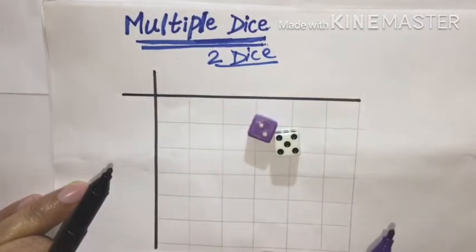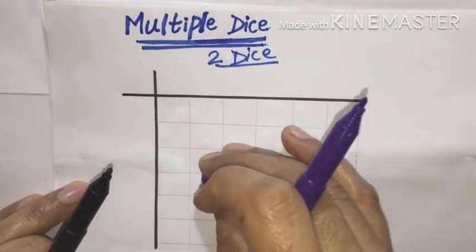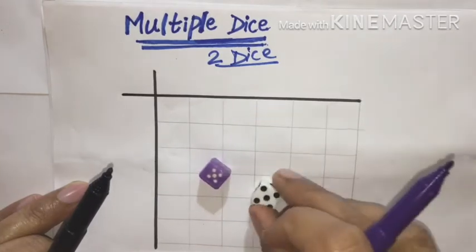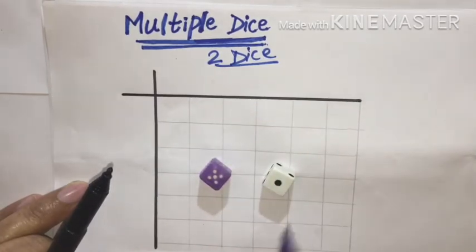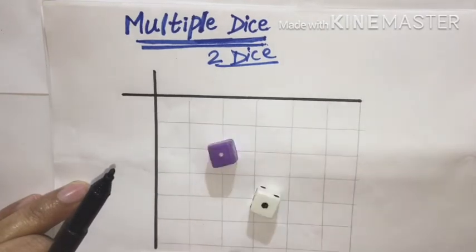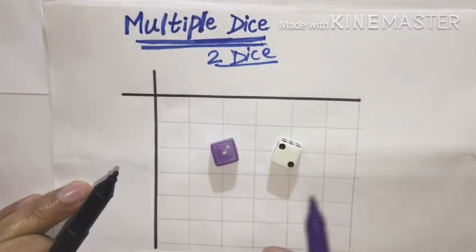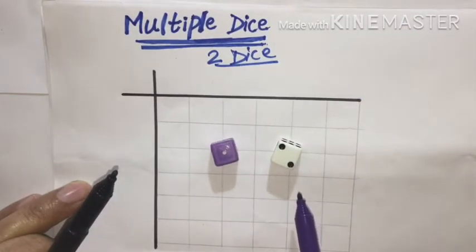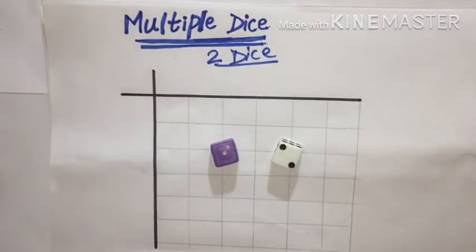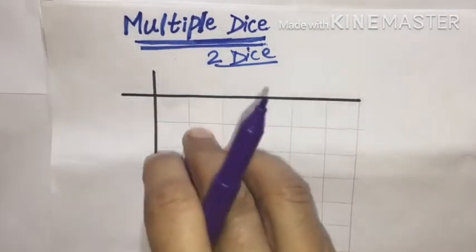Many different cases are there, like 5 will come on the purple and 1 will come on the white dice, and then the next time it is possible that 1 will come on the purple and 2 will come on the white dice. So how many total cases there will be, we will discuss in this section.